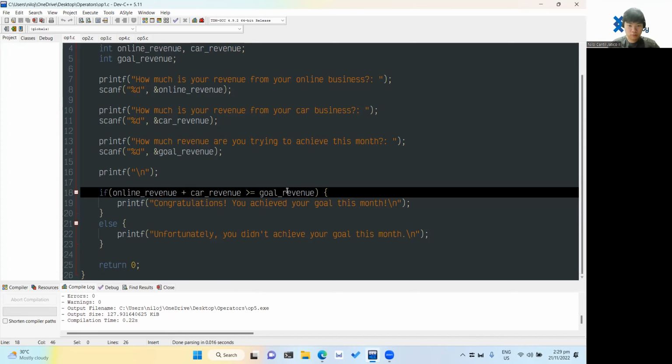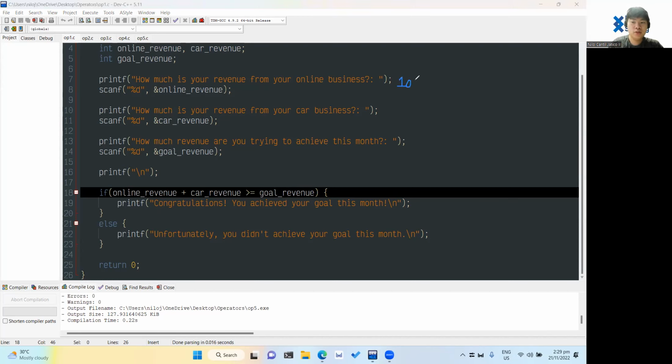So for instance, before we try to run the program, let's try to trace out the program. So let's say that you have gained 1,000 pesos from your online business. That's too little, but we're just having an example here. And then your car business, you have, let's say, 1,000 pesos as well.